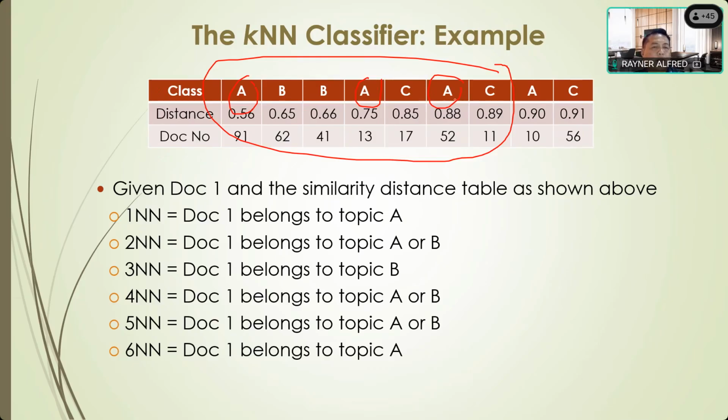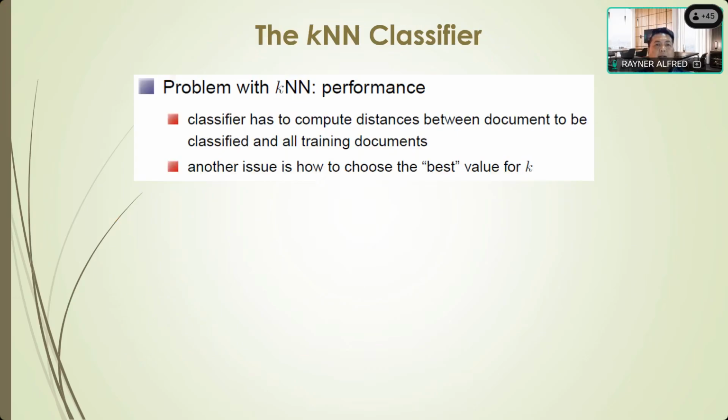Then, for example, if you have 1 million documents and 10 clusters, you only take 10 calculations, take the nearest cluster, and then from the nearest cluster, you take the K nearest neighbors that we have. So this is the problem with KNN performance. We need to compute the distance between the document to be classified and all training documents.